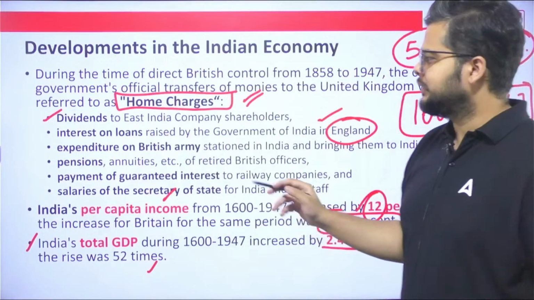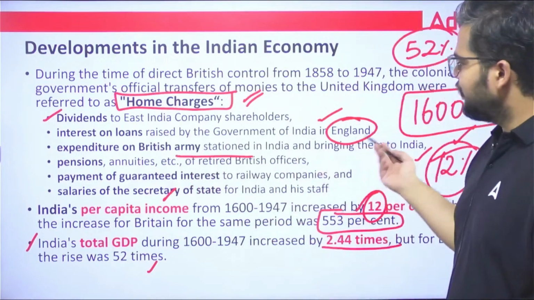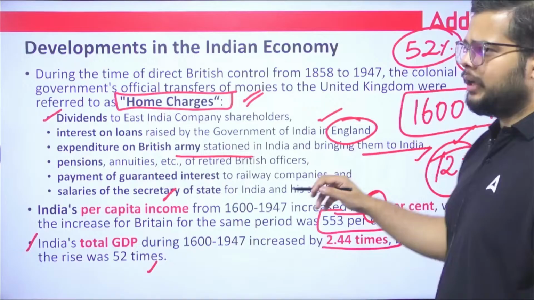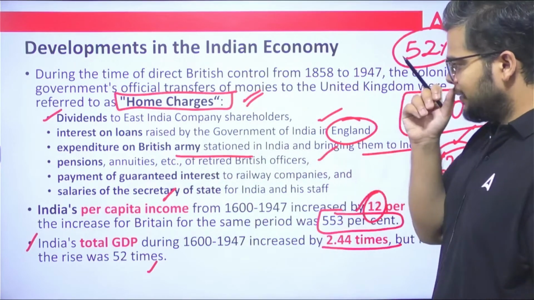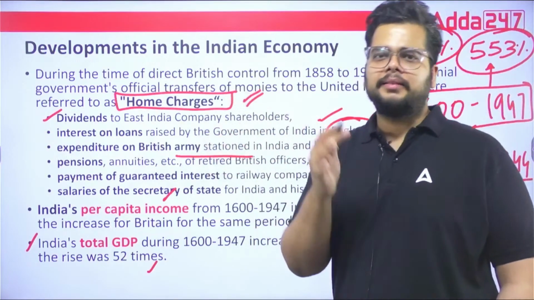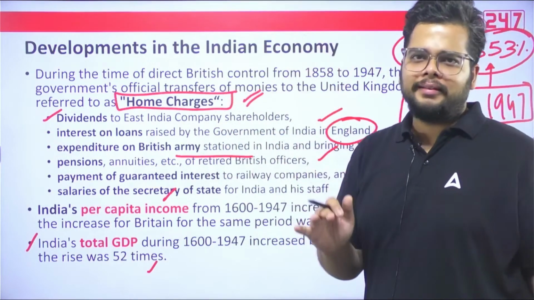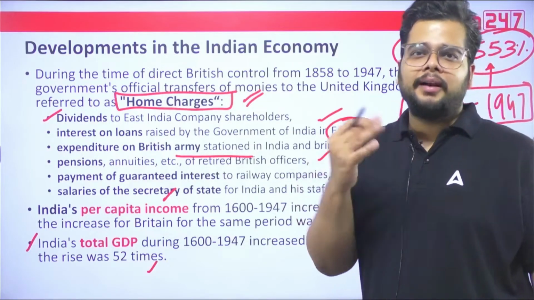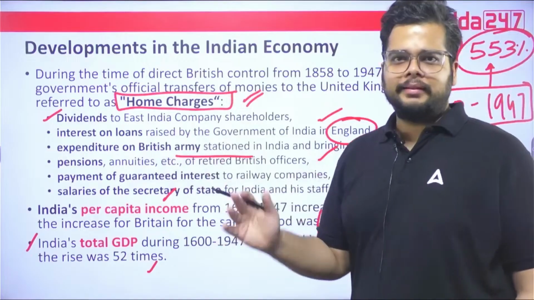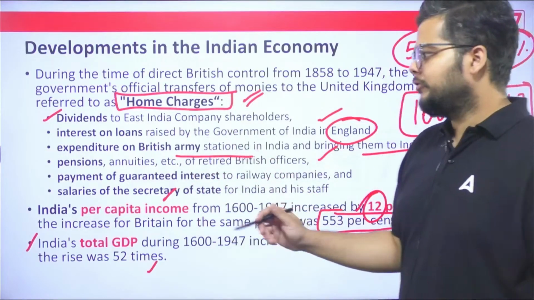That makes no sense. Expenditure on the British Army stationed in India, bringing them to India, nobody asked them to do that. Pensions, annuities, retired British officers. Once a citizen has retired, the responsibility for pensions and annuities falls on that particular nation's government. But why were Indians paying for that?